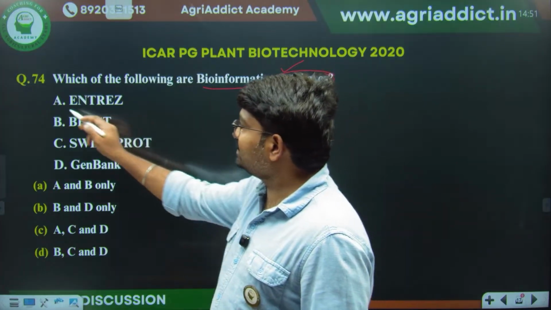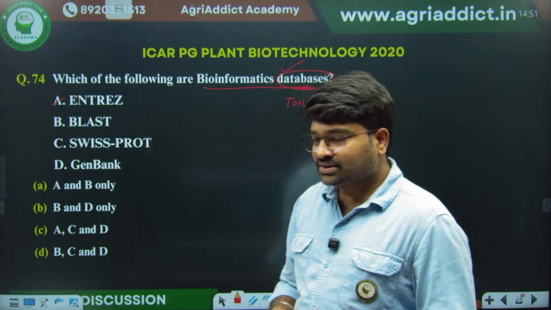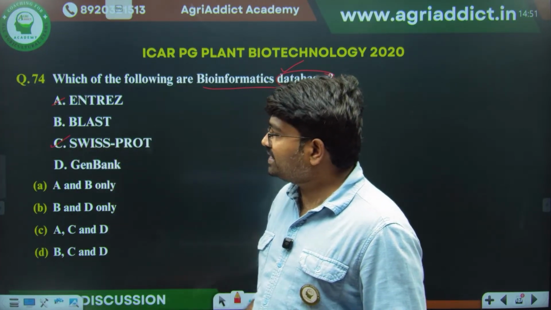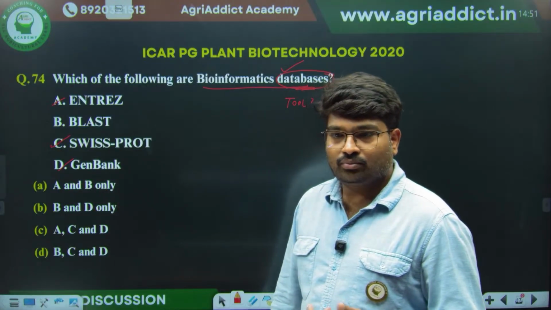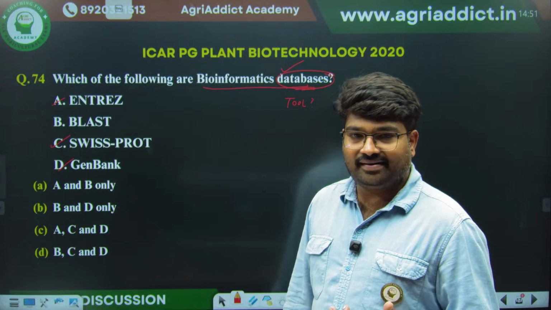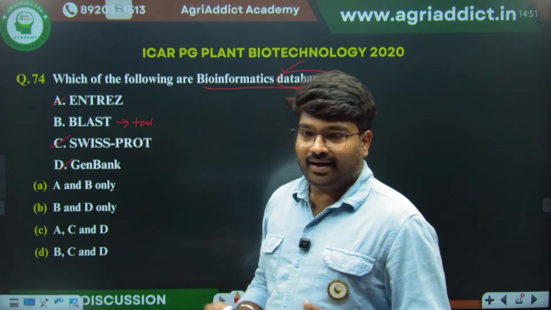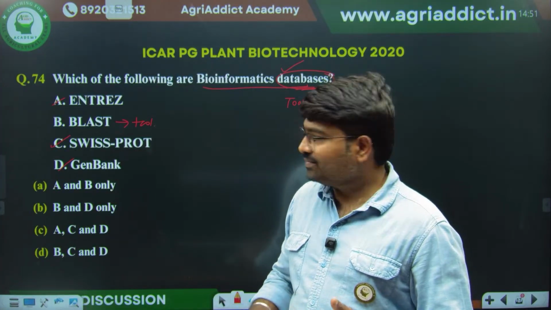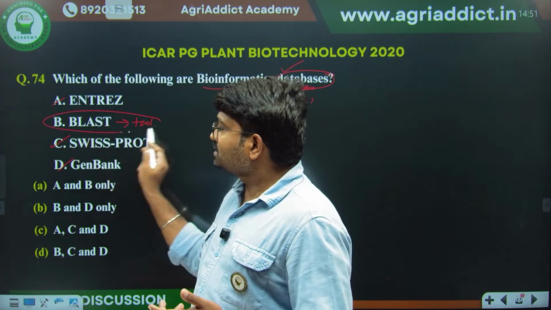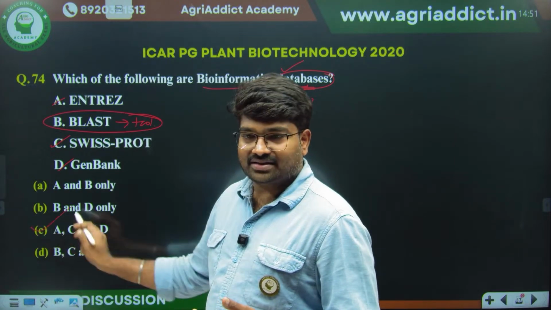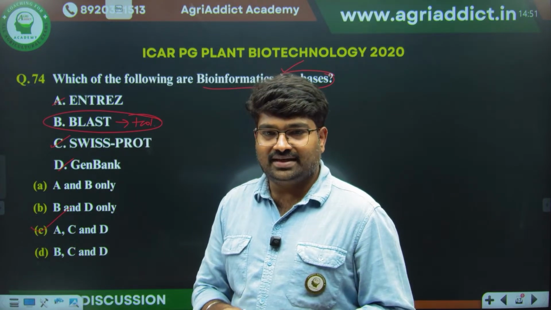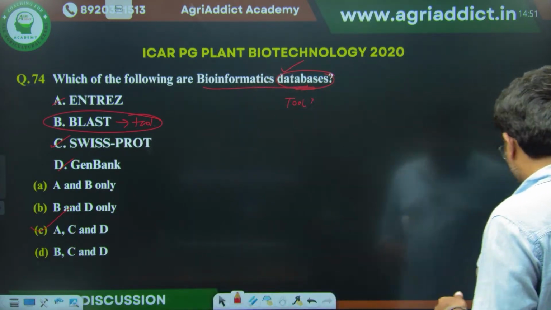Entries, yes, this is a storage database. Swiss-Prot for protein database we can use. GenBank is also a database, sorry, a DNA database. But BLAST is a tool for sequence alignment, so this will not come. So A, C and D will be the right answer.